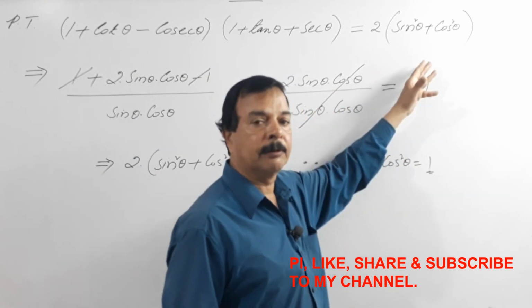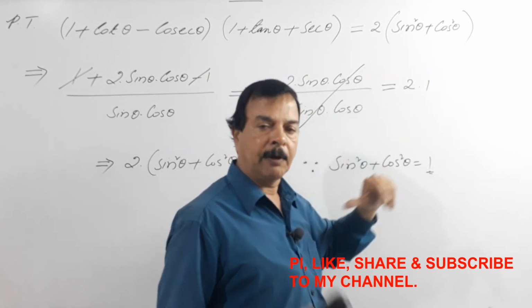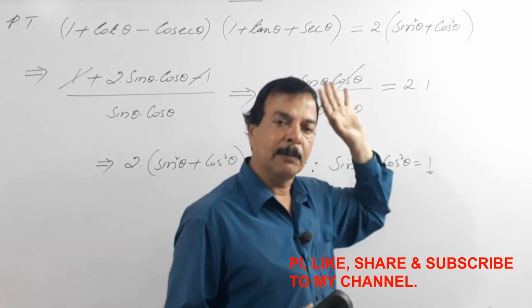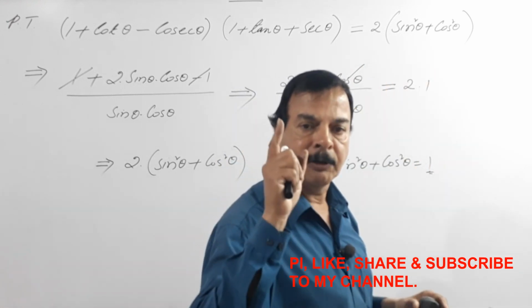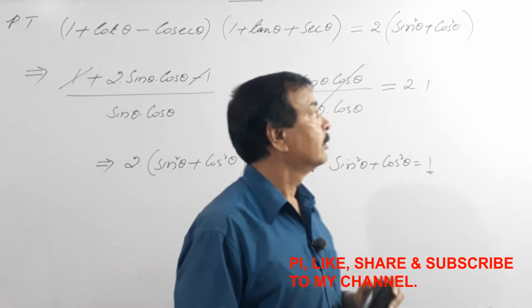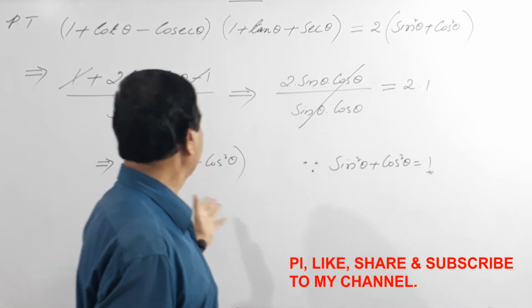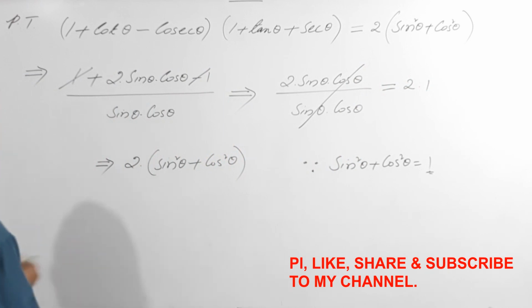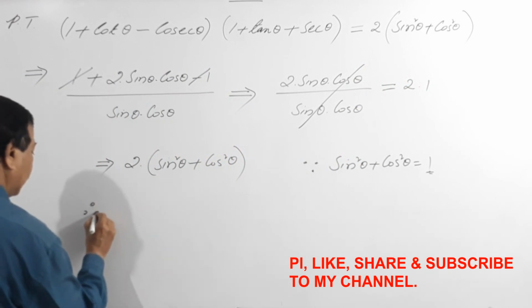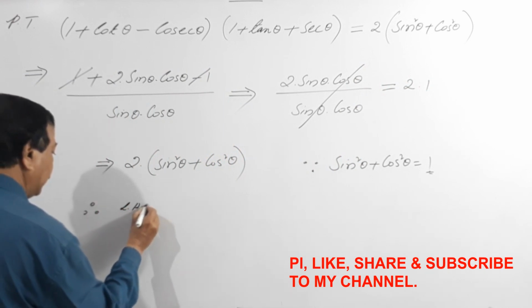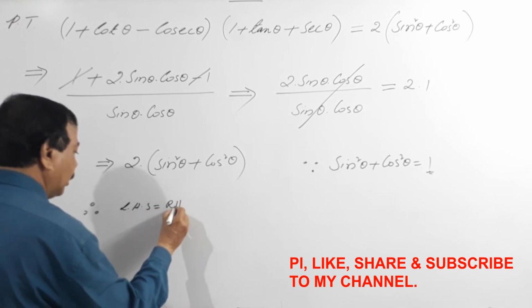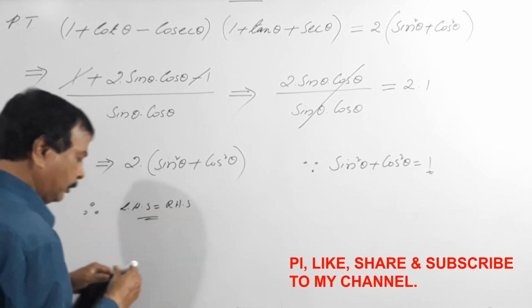If I were to set a paper, I would have done this, deliberately, to test your ability. So 1 is nothing but sin square theta plus cos square, just substitute the value. Therefore, LHS equals RHS.